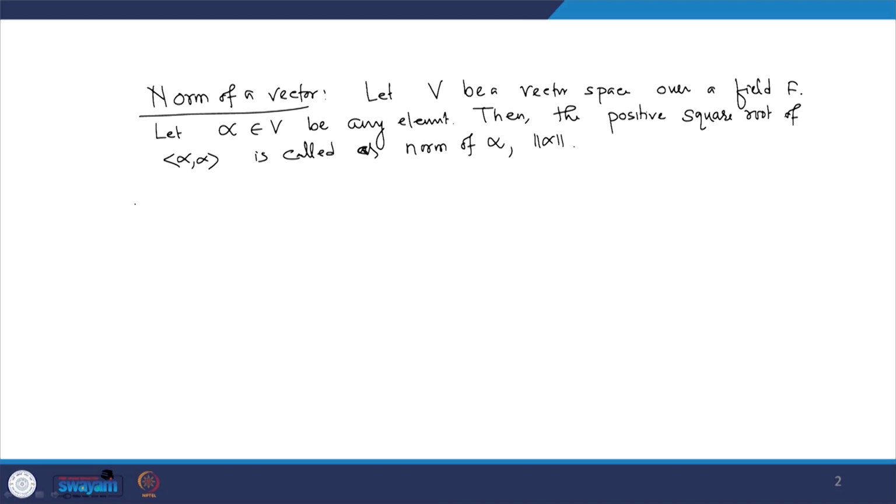Let me also define another terminology called quadratic form.